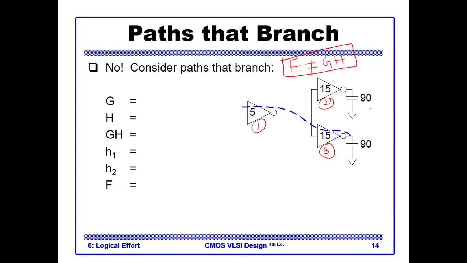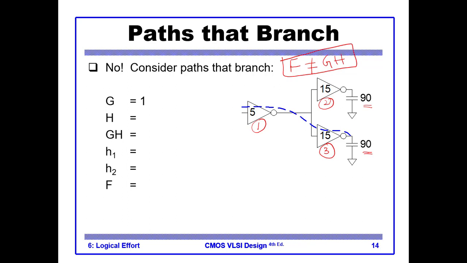Now at the output of inverter 2, we have a capacitance of 90, and similarly at the output of inverter 3, we have a capacitance of 90. So what is the capital G? Because these are inverters, all the logical efforts are 1.